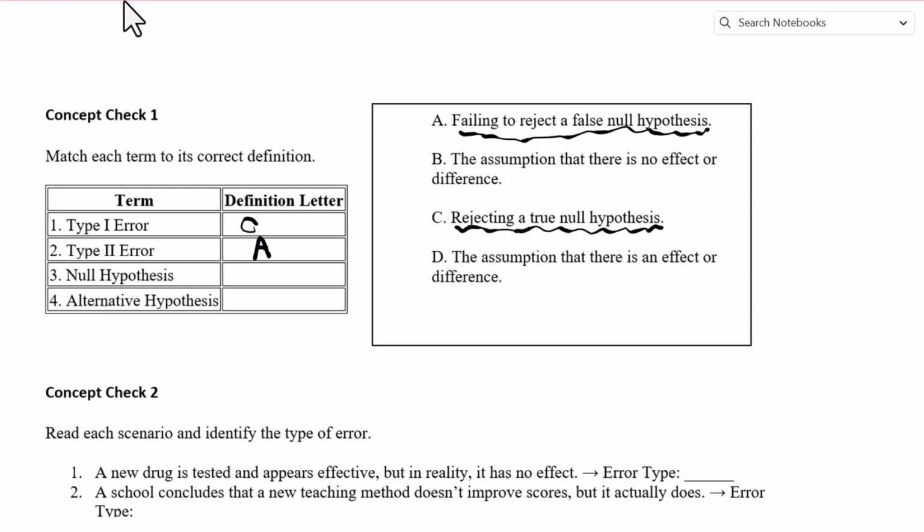Null hypothesis: the assumption that there is no effect or difference. It always deals with an equal sign. Alternative hypothesis: the assumption that there is an effect or difference.